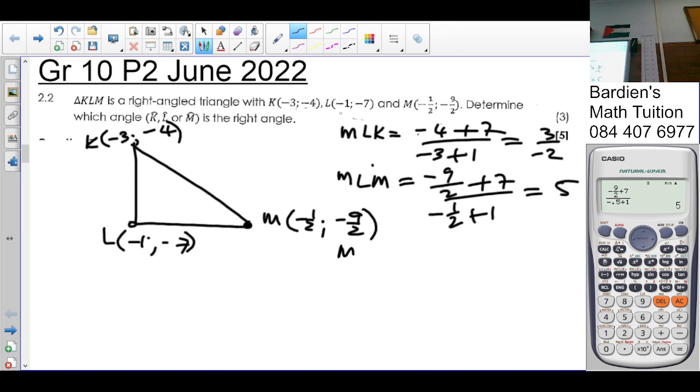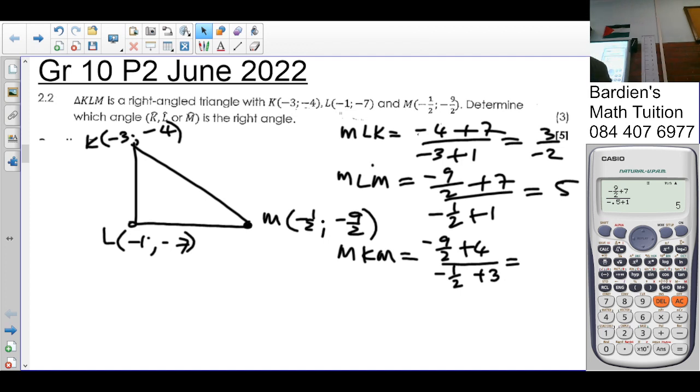So let's go with the gradient of KM. Okay. So y2 minus y1 over x2 minus x1 again. So it's going to be -9 over 2 minus 4 over -half minus 3. 9 over 2 plus 4 over -half plus 3. -1 over 5.